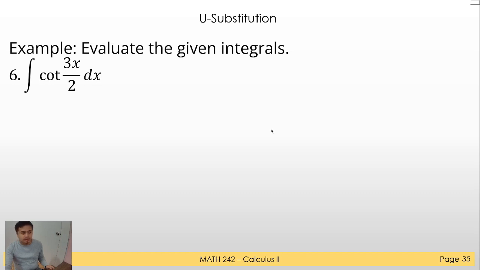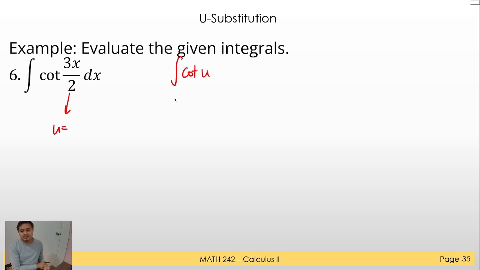So we have this given problem, and again, our angle here should be just u in order to evaluate this given function. So we have to change this 3x over 2 again into u. Okay, but if you can recall now, what is the integral of cotangent u?